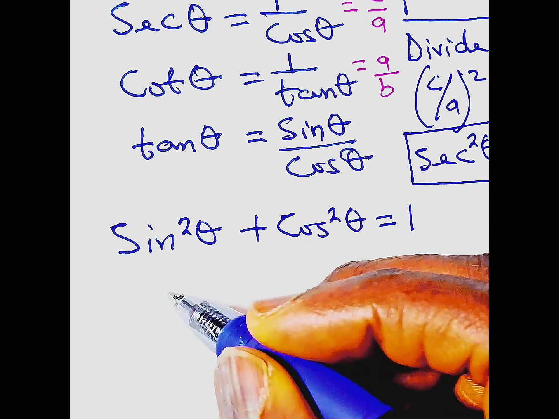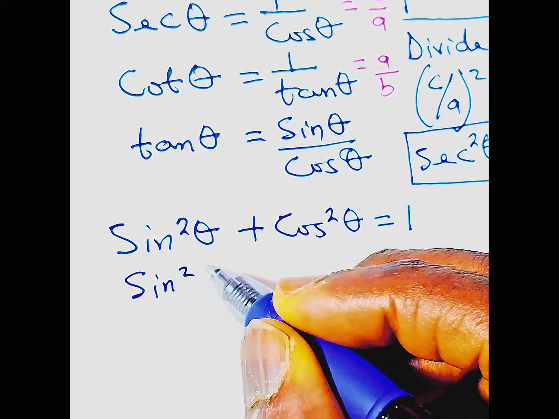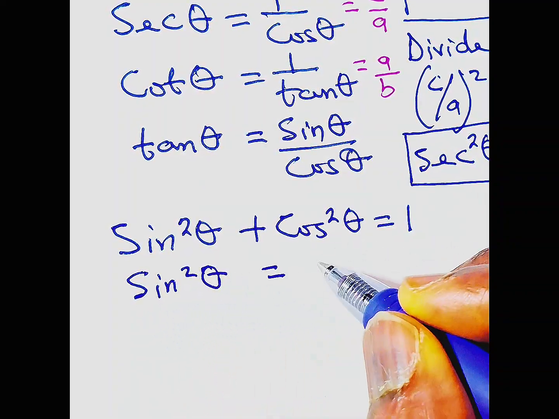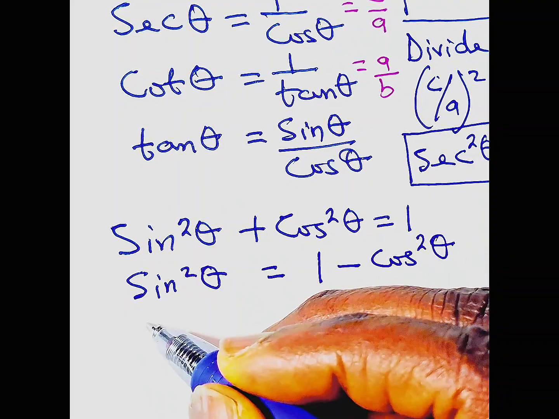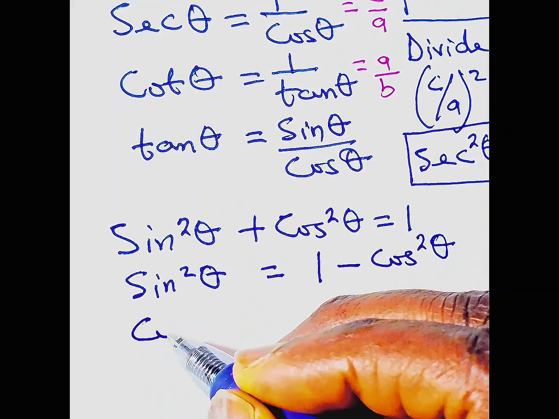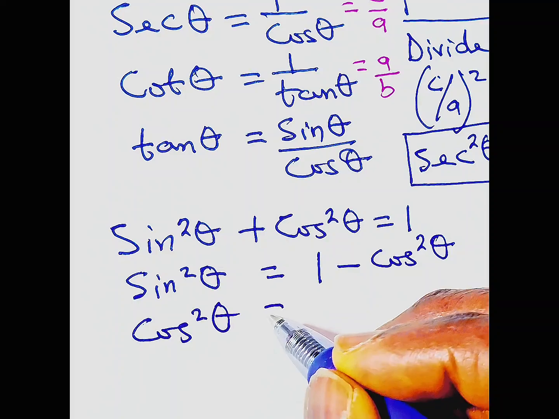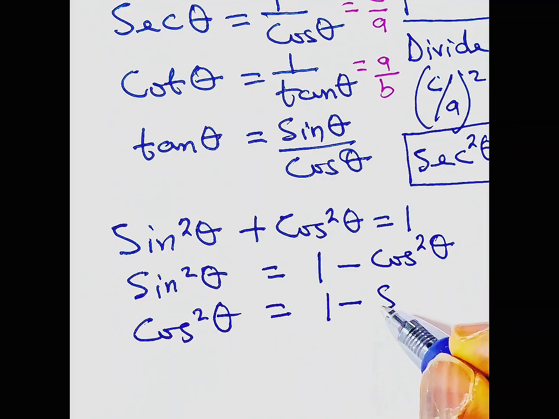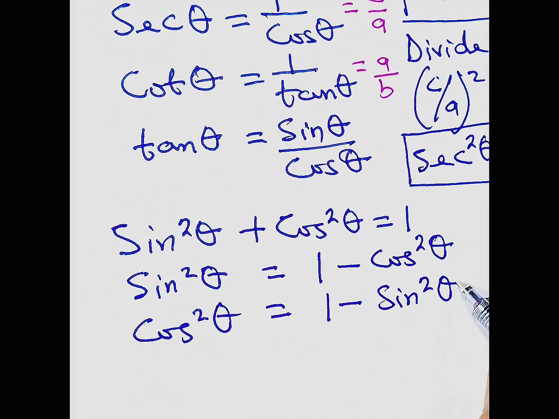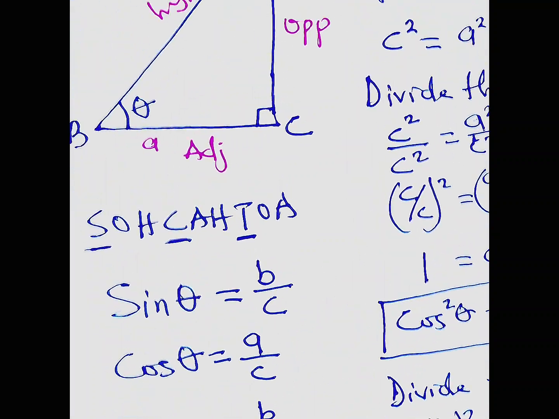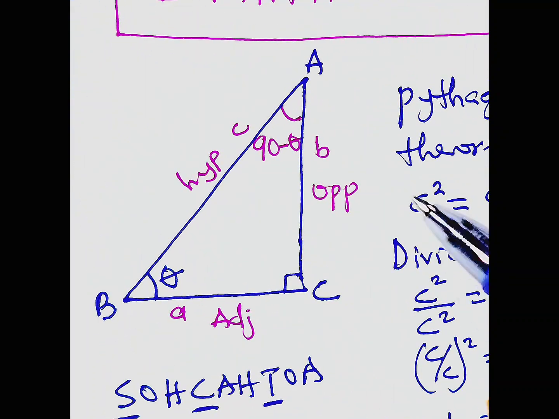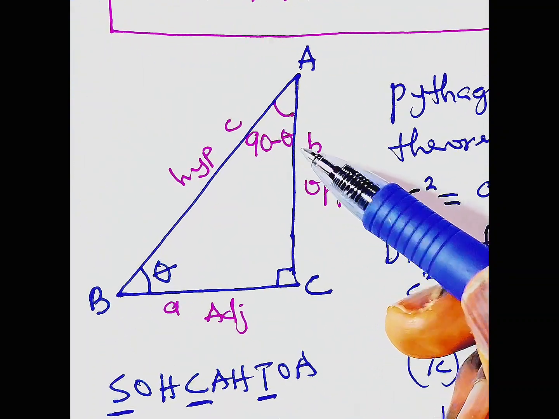So sin square theta is equal to 1 minus cos square theta, and also cos square theta gives us 1 minus sin square theta. That's good.